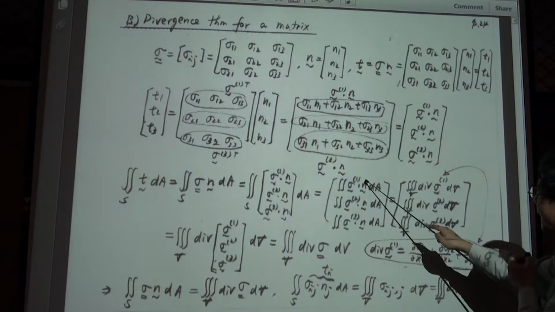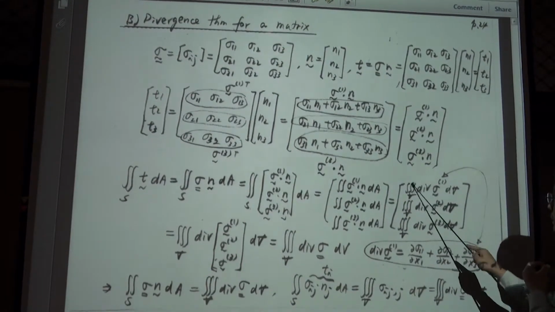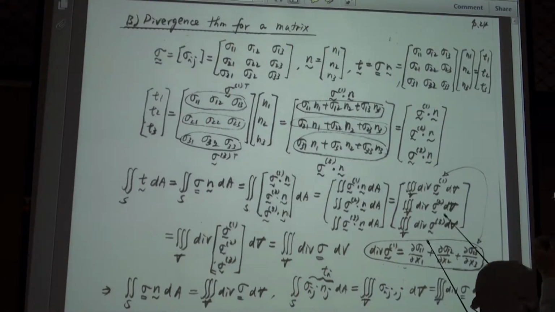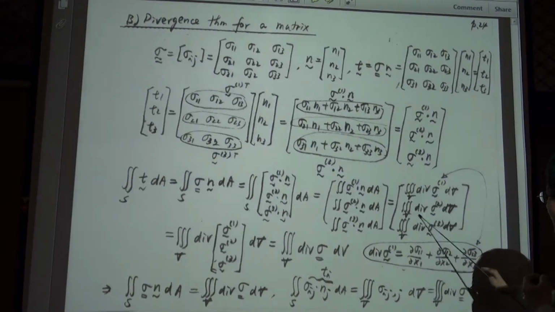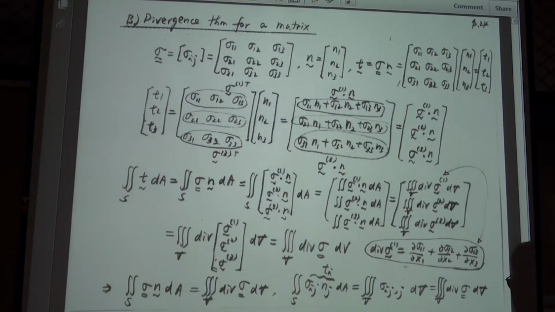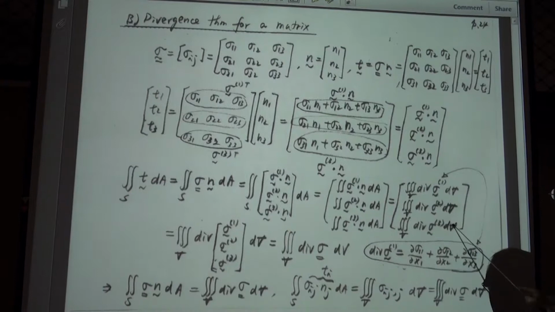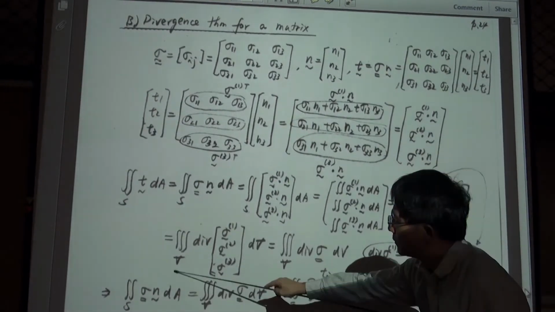So this equals this, divergence of this. Okay, and this is the volume integral. In the same way, this can be replaced by this. This can be replaced by this. Okay, now we write our term like this one.